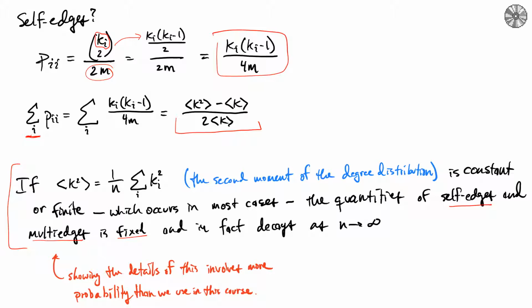And if we get bigger and bigger graphs in terms of number of nodes, these go off to 0. So they get smaller and smaller. Their quantities as a fraction of the number of nodes get smaller and smaller. And so that means that overall the configuration model generates relatively few self-edges and multi-edges, and so we don't tend to have to worry about them when we make these graphs.